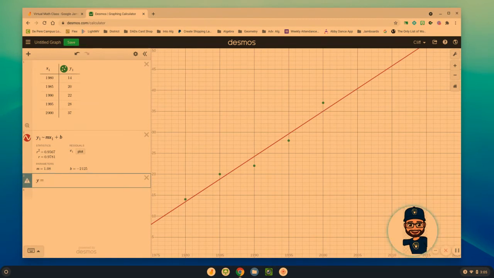Y equals my M value 1.08 times my 2015 minus the B value of 2125, and you'll notice that it did give me 51.2. Right, because it's using the M value here and the B value there in our equation.